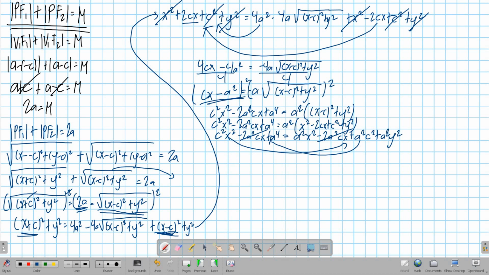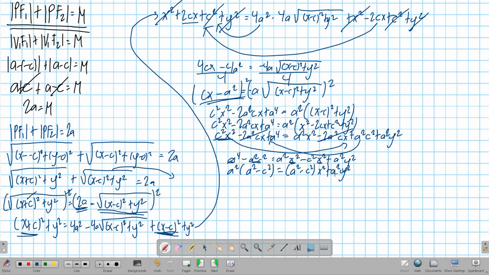So I'm going to have a to the 4th minus a squared c squared is equal to a squared x squared. I'm going to write this beside x squared, that's minus c squared x squared plus a squared y squared. I can factor out a squared here, so I'm going to have a squared multiplied by (a squared minus c squared) is equal to, I can also factor out x squared here, (a squared minus c squared) x squared plus a squared y squared.